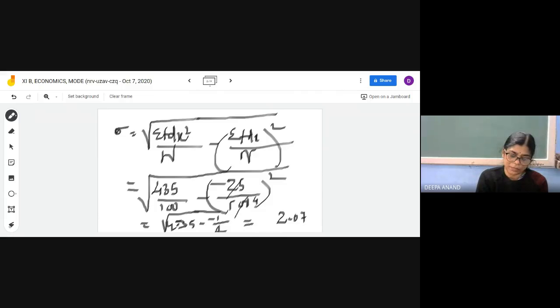So 1/4 is 0.25. Take 4.35 and 0.25, solve it and take the root, you will get 2.07.